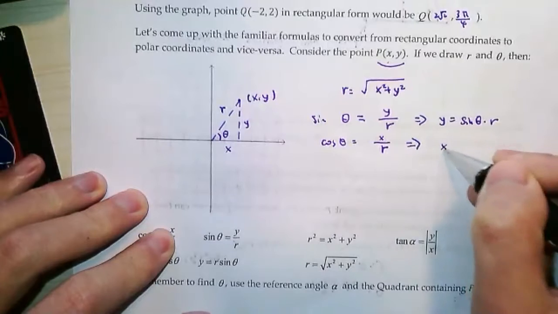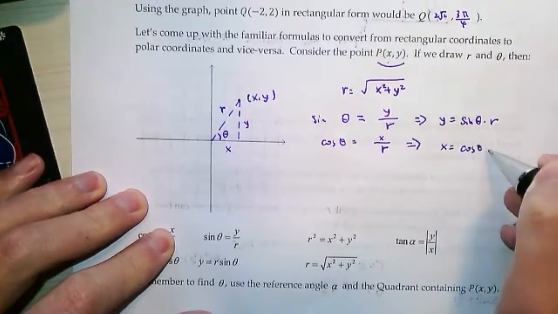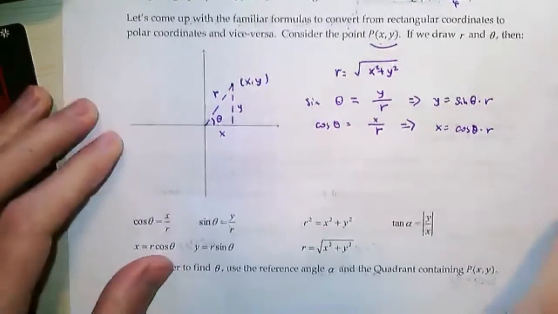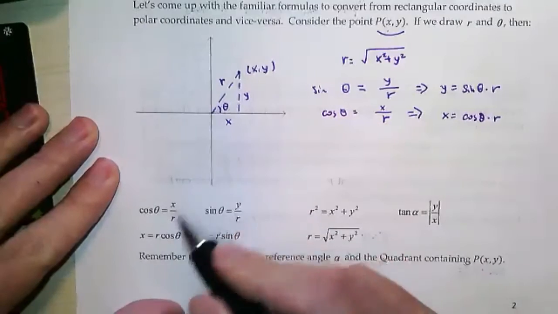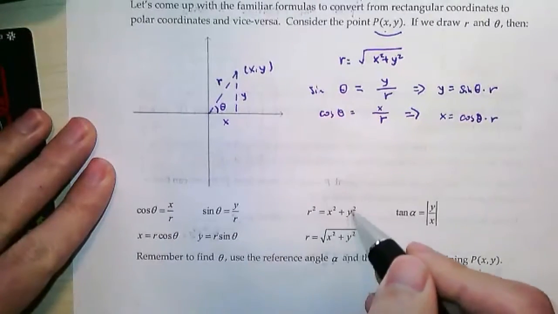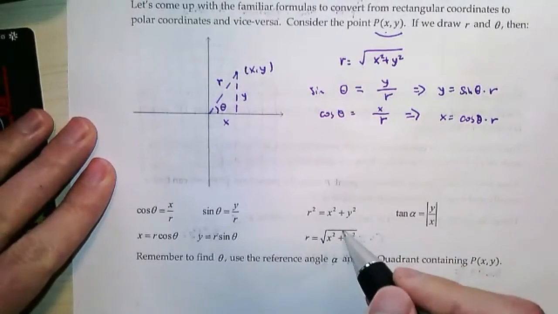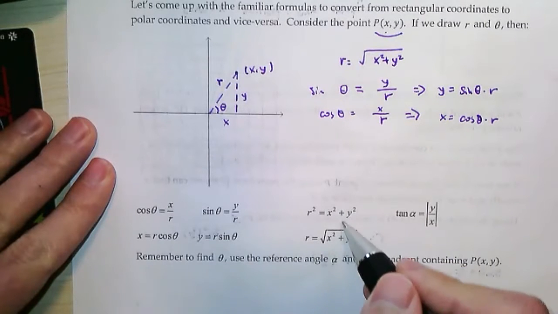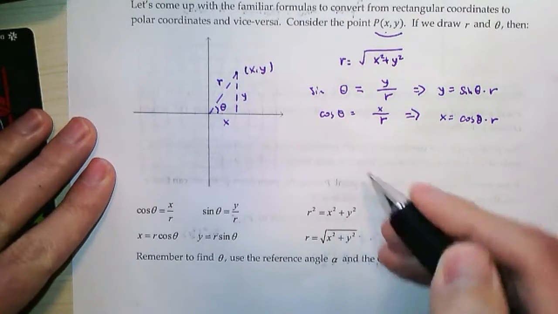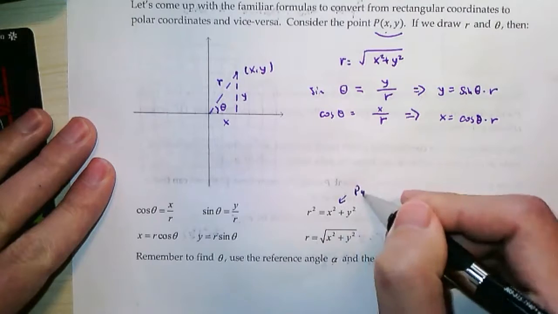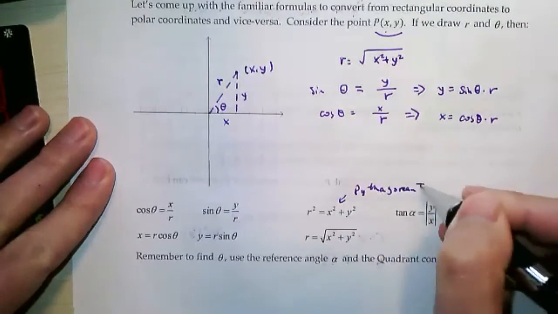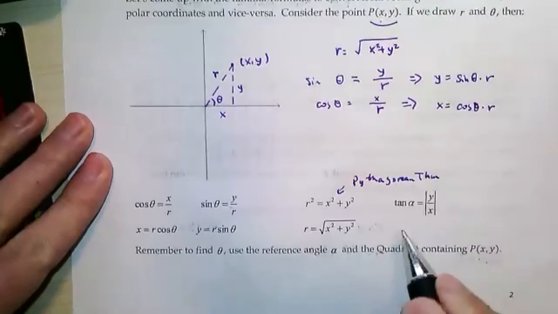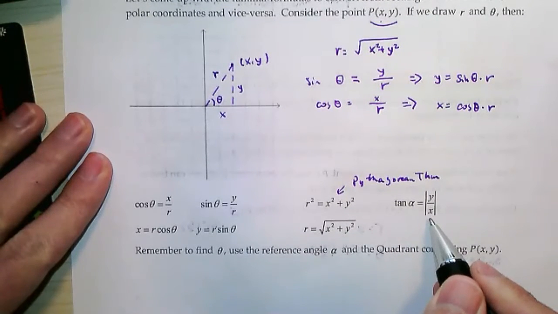This implies x equals cosine theta times r, right? So that's how we get those 4 formulas. And we also get this one, which is just derived from this one. This is the Pythagorean theorem. How about the last one?